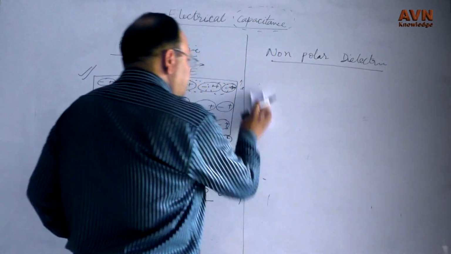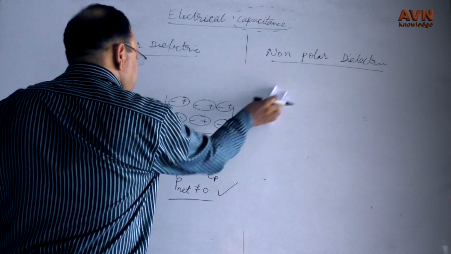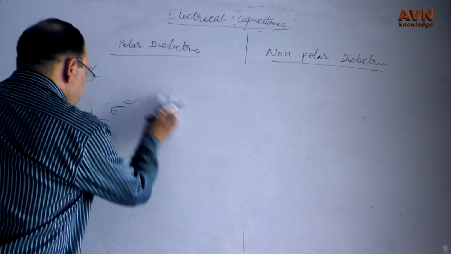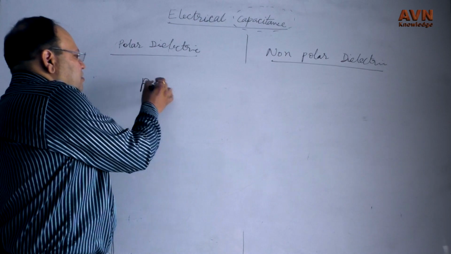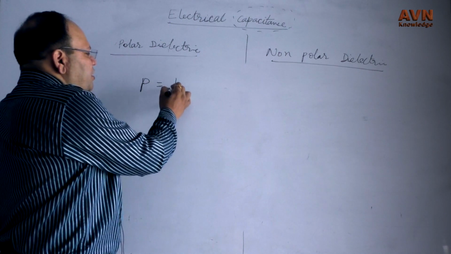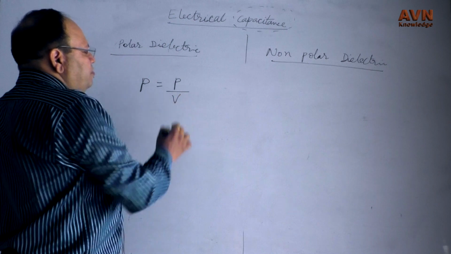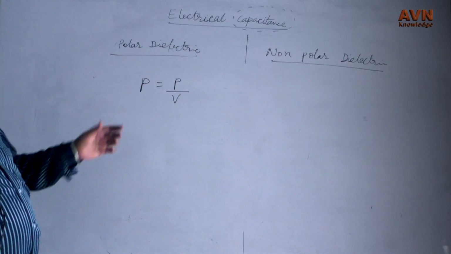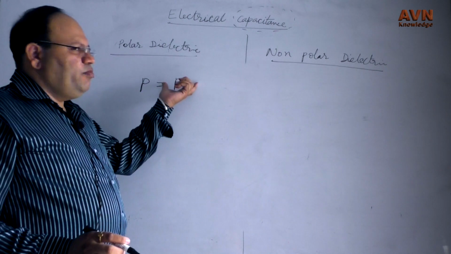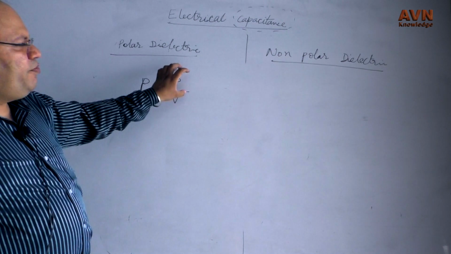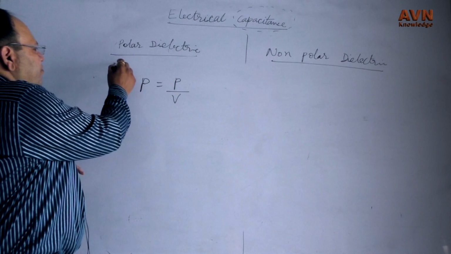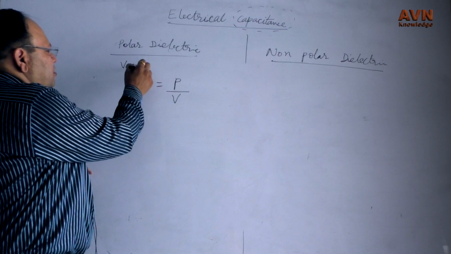What is vector polarization? Vector polarization is the electric dipole moment per unit volume, meaning electric dipole moment upon volume. Per unit volume electric dipole moment is called vector polarization.